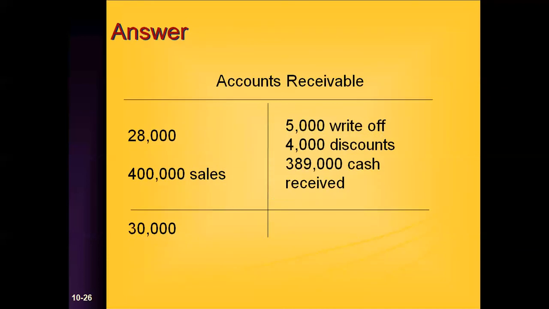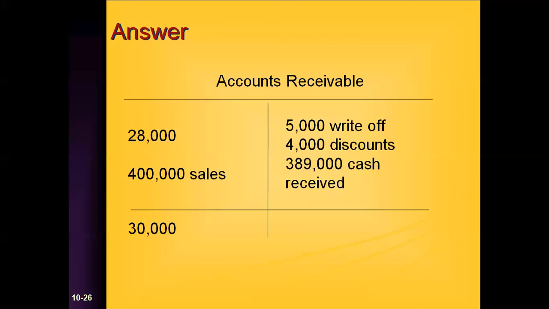So if you do the math, or work through a T account, you would have your beginning balance of your accounts receivable account of $28,000. You would also then be debiting that side of accounts receivable with the $400,000 of new sales.